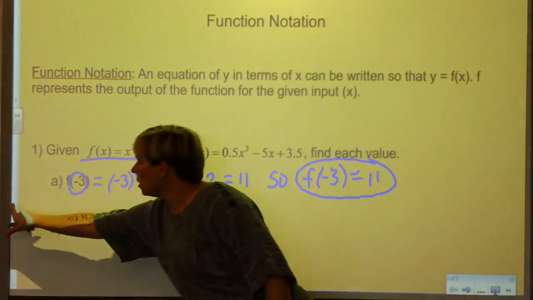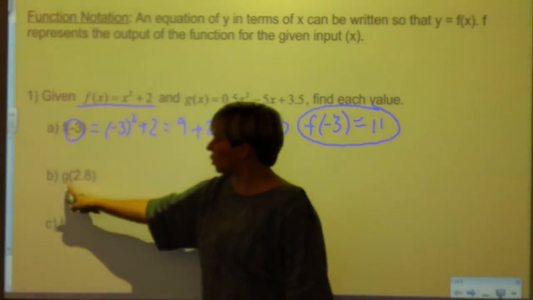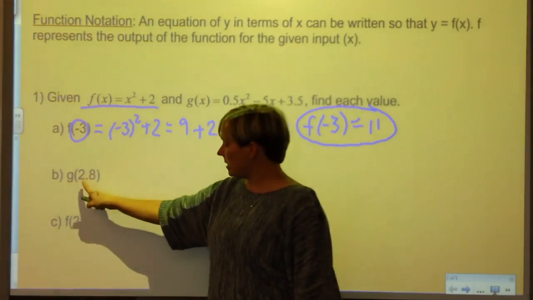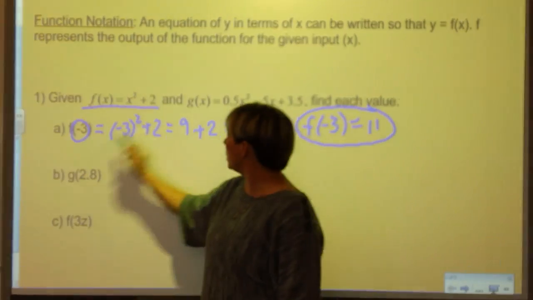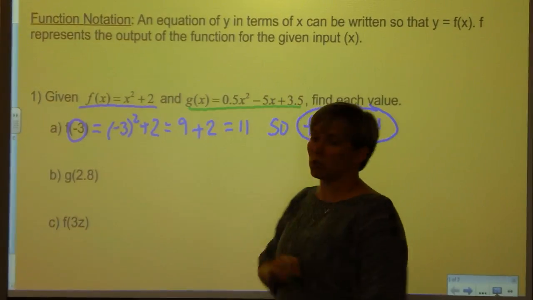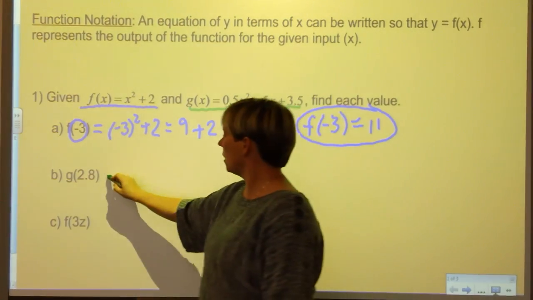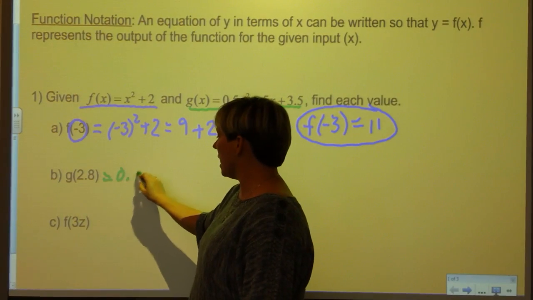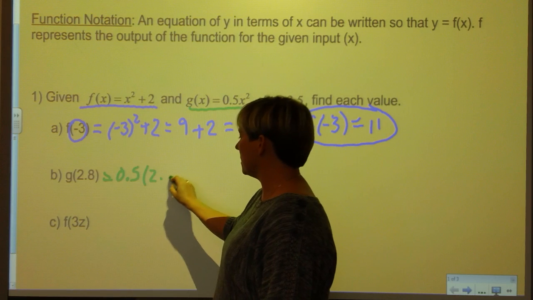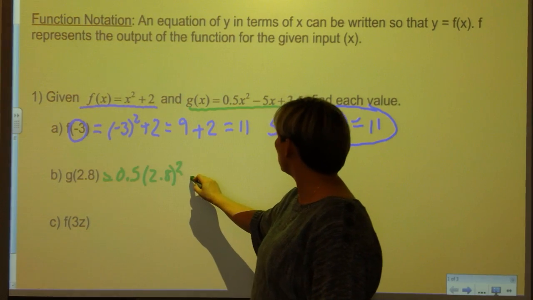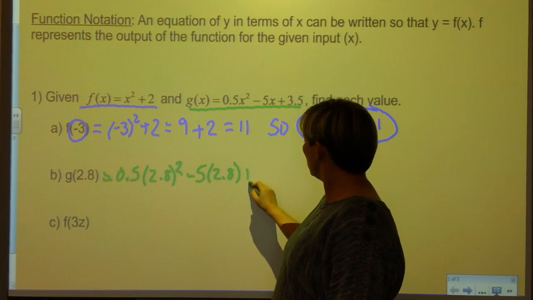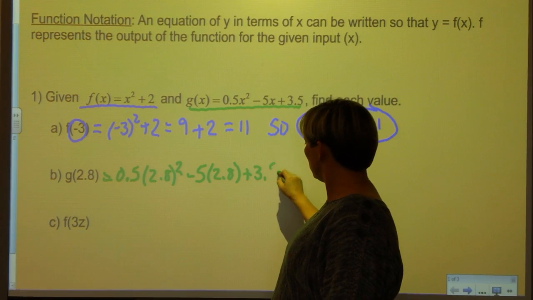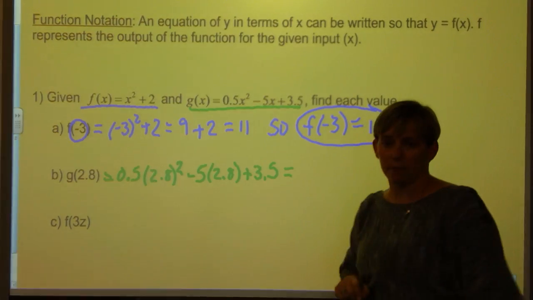This one, B, when I'm asking for g of 2.8, it's saying I want to use my g function. My g here corresponds to my g function. So that means I'm going to be plugging in 2.8 into my x value for that equation.